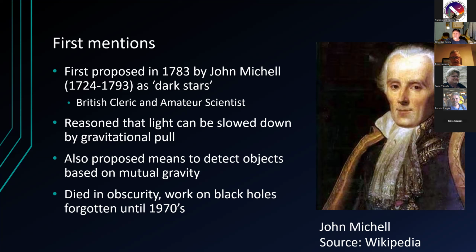But with this initial proposition, that dark stars exist, he also proposed the initial strategy that we might use to detect them, namely that we would expect to see an optical star that we do see having its orbit or its own properties impacted by an unseen companion, which is primarily one way that we now use to find black holes.